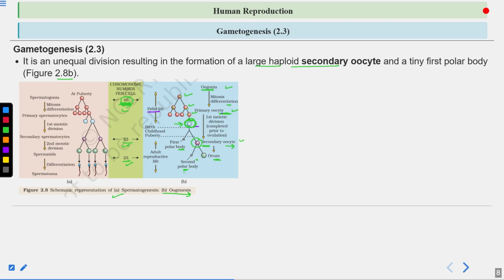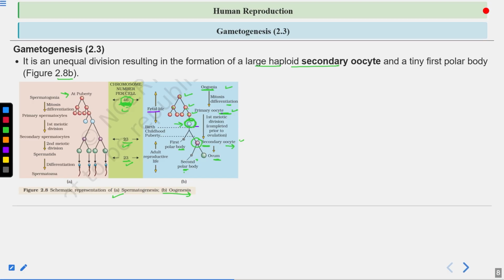If we compare spermatogenesis to oogenesis, you can see spermatogenesis starts at puberty, when the primary sex organs, the testes in males, become active and start producing hormones, specifically the androgen testosterone. And it is quite simple.